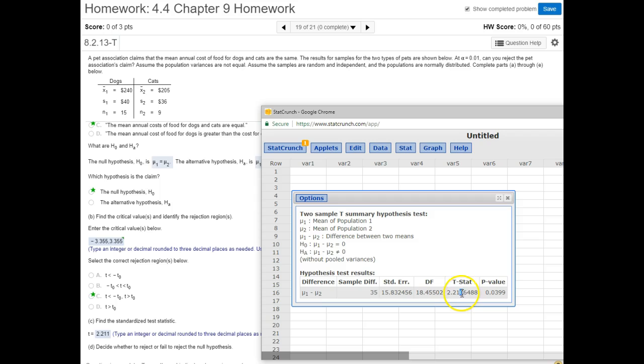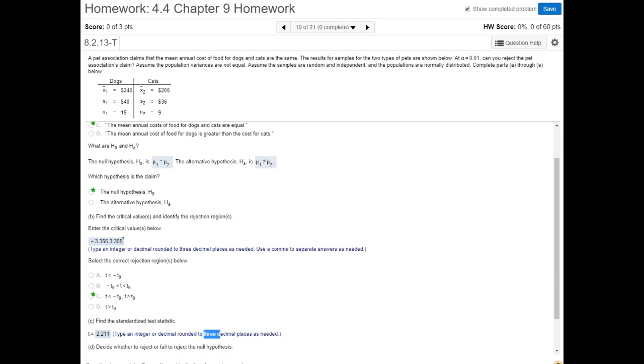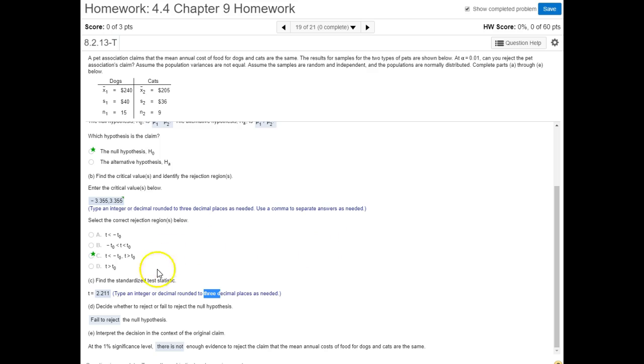We round that third decimal up because that's the 6 after. Then comparing this to the critical values, it's not located in the critical region because it's in between these two values. So that is a fail to reject. So at the 1% significance level, there is not enough evidence, and you're pretty good at figuring out the conclusion.